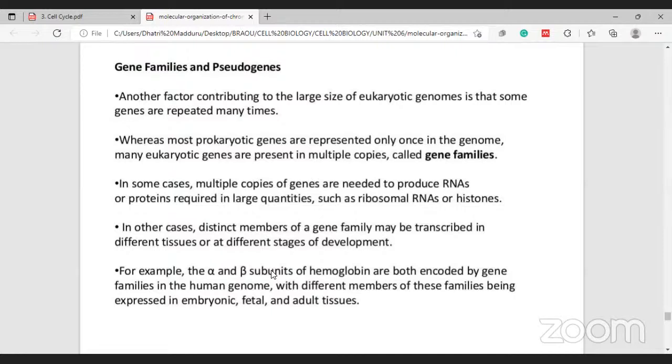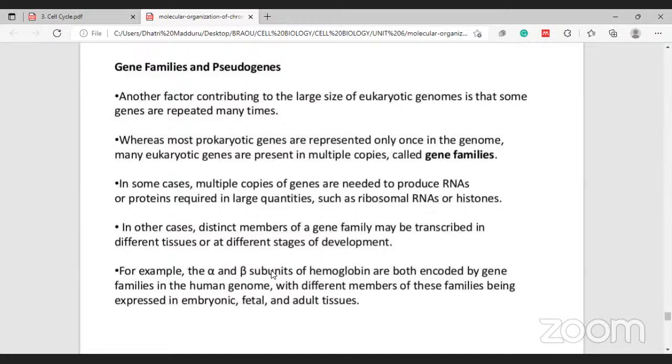Both are encoded by gene families of the human genome. There are two subunits, and only when these two subunits function together can they perform their function, right? And this will vary. Whenever blood cell formation takes place, during that stage we require more alpha and beta subunits, and during normal time we don't require them, right?